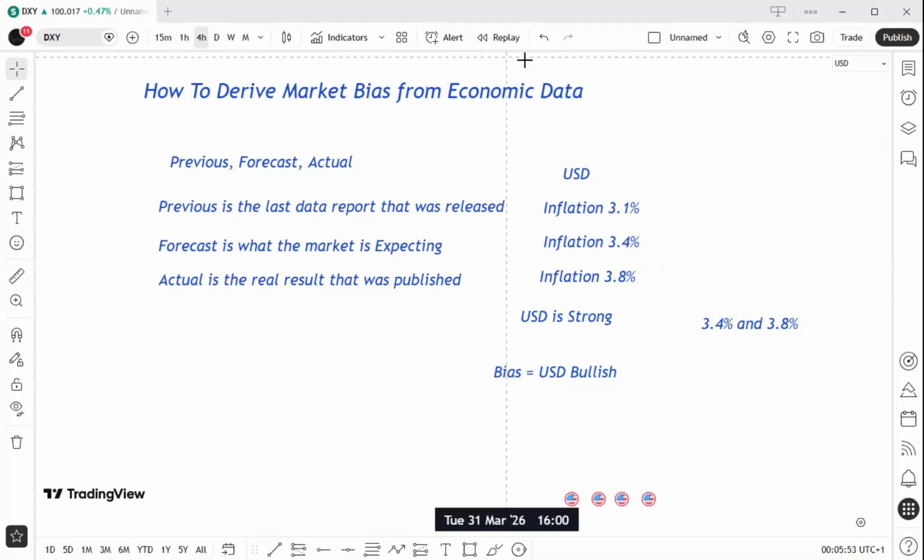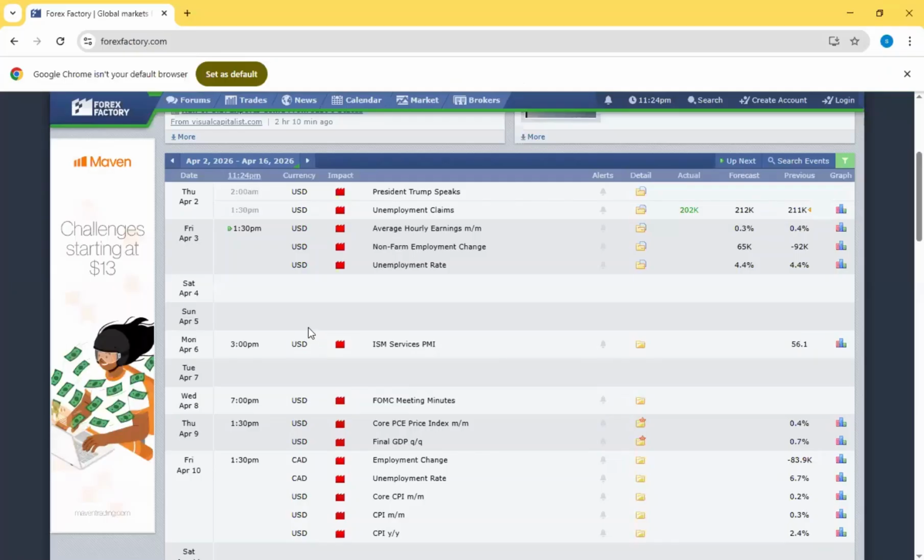For example, let's look at this in my Forex Factory. This is my Forex Factory. This is the news that will be coming out tomorrow. NFP coming out, and we also have USD unemployment claims. Look at the data. Previously, it was 211K.